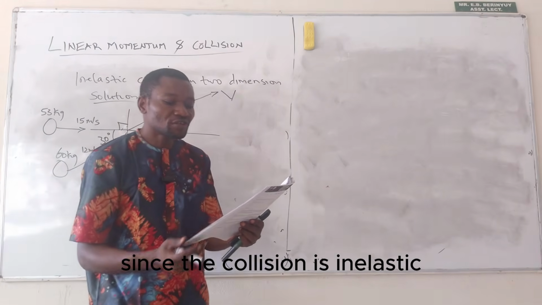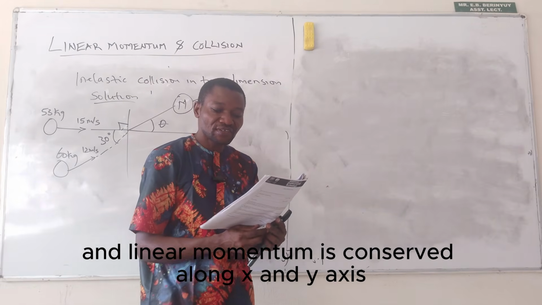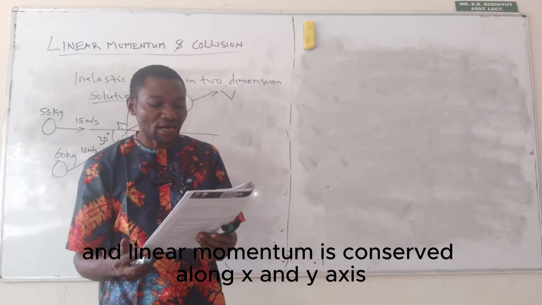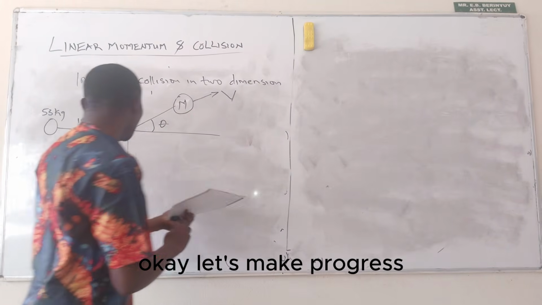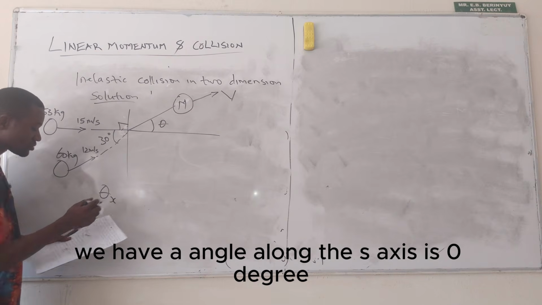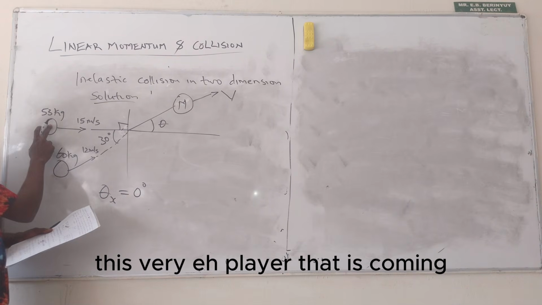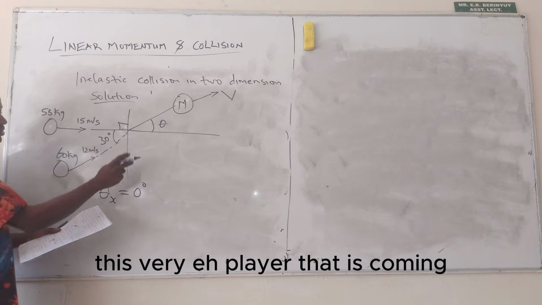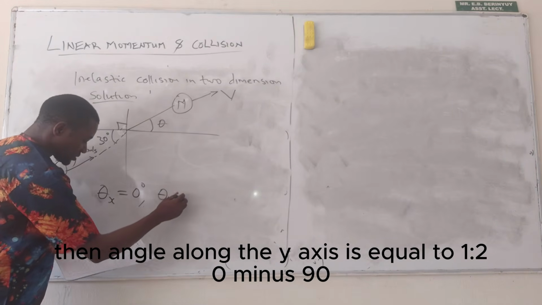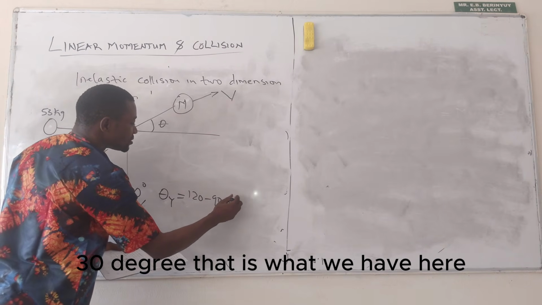Since the collision is inelastic, kinetic energy is not conserved, and linear momentum is conserved along the x and y axes. Okay, let's make progress. The angle along the x-axis is 0 degrees, this player that is coming. Then the angle along the y-axis is equal to 120 minus 90, 30 degrees.